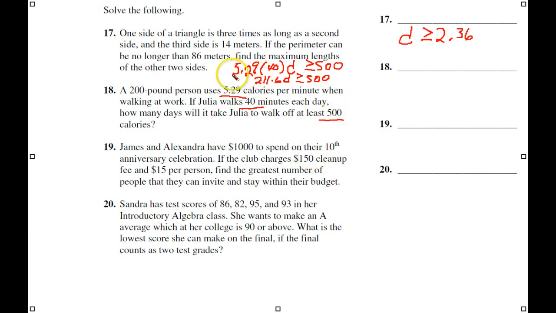Well, it's this per minute times 40 minutes times the number of days. So when I multiplied this, I got this number of days, divided this by both sides, and I get 2 days and almost a third of another day.